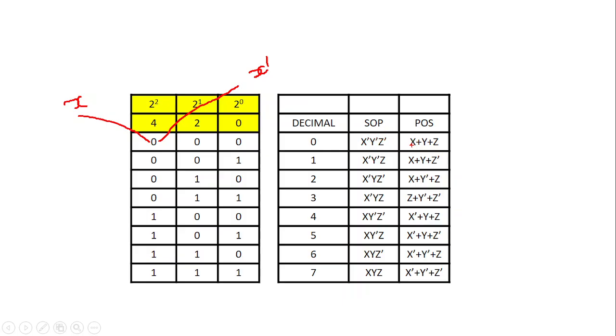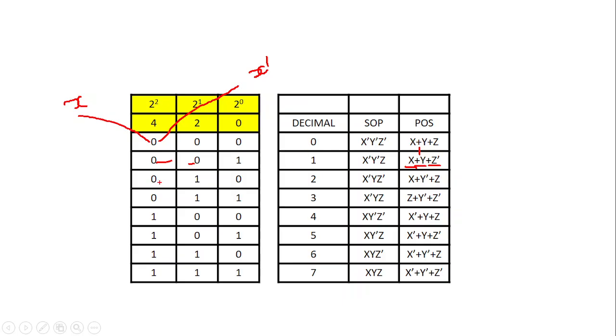But in product of sum, remember, you write X plus Y plus Z. What about the next term? This is X bar Y bar Z. So this is 0, 0, 1. Opposite of this: X as it is, Y as it is, and instead of Z, you make it Z bar. Hope you get that.